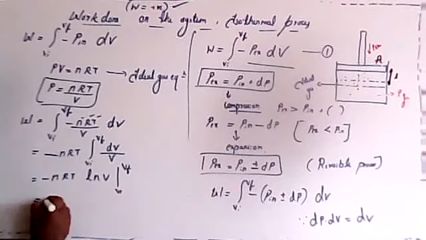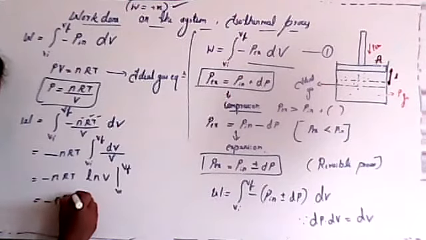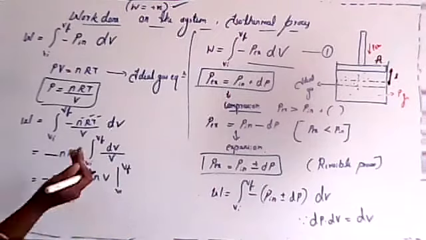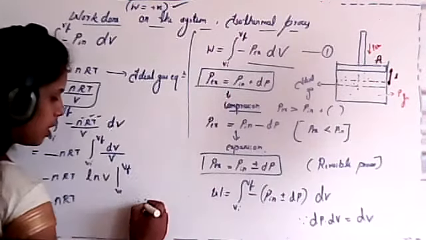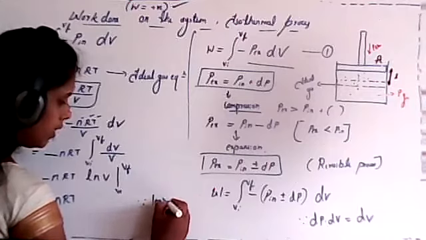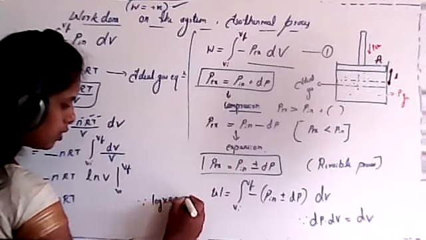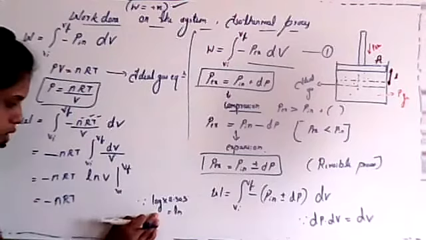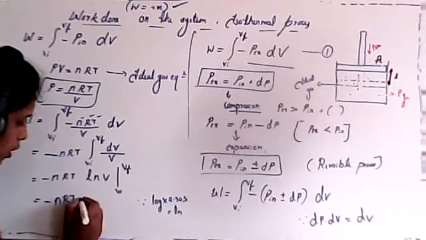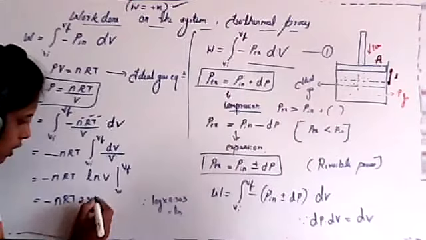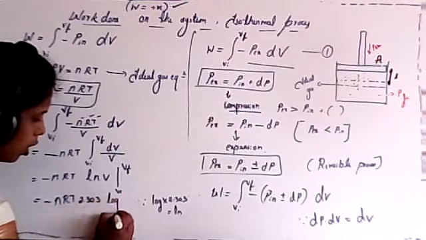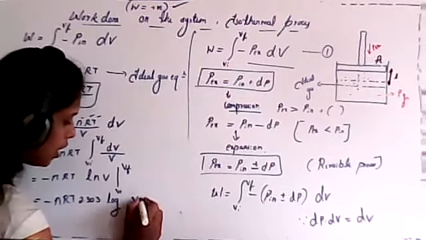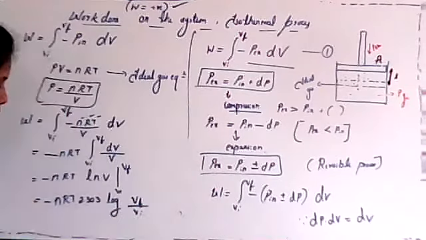Next one. Minus nRT. Clear? Convert ln into log. How will we convert? 2.303 times log equals ln in this case. So just substitute the value of ln here. 2.303 into log of, what will we get? Log of Vf divided by Vi.